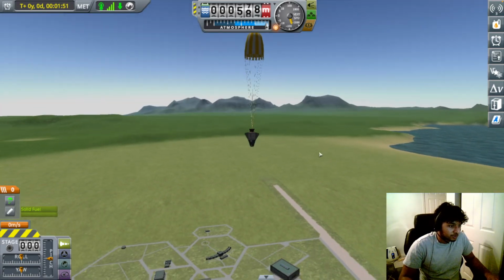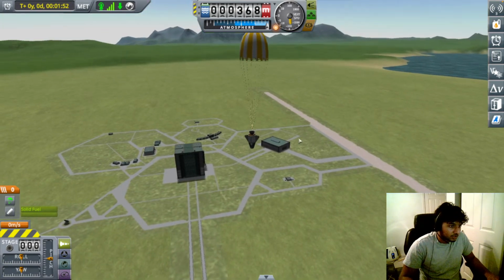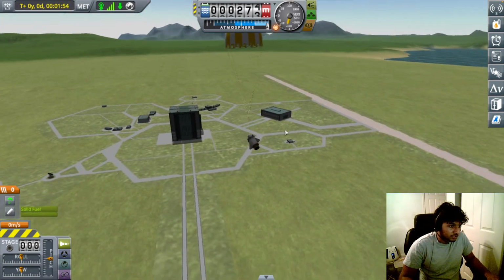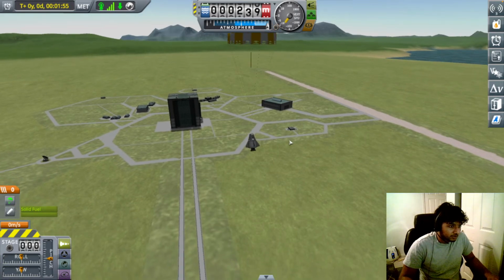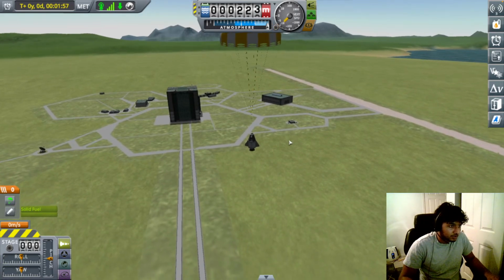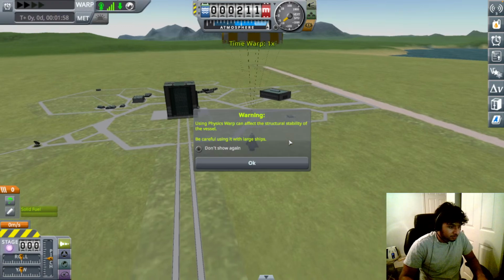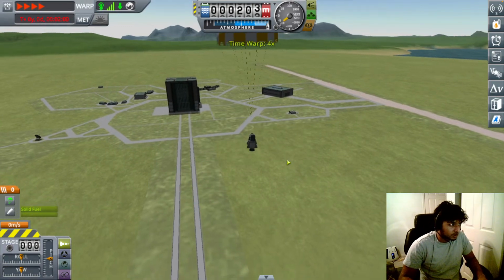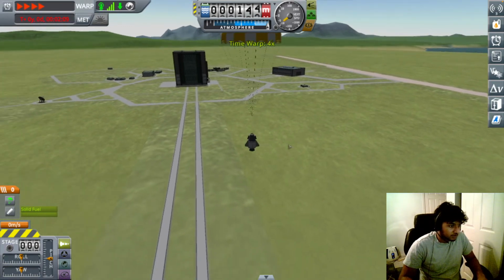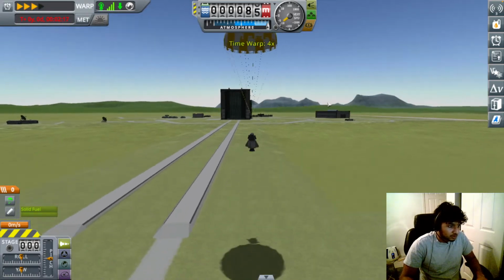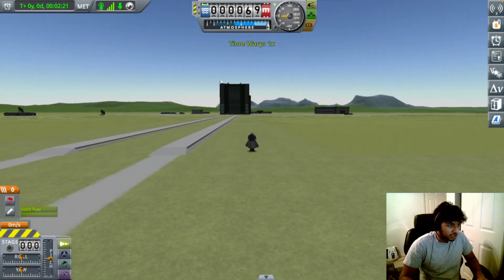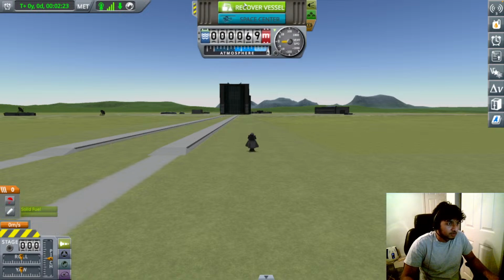Here are the parachutes, slowing us down, flipping us right side up, coming in for a smooth landing. Let's physics warp this down to landing. Okay, and recover vessel.